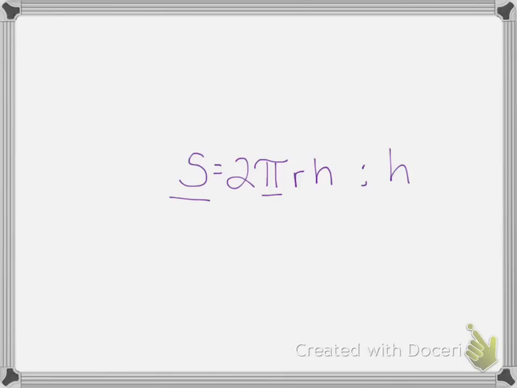So to get H by itself. Now, there's a lot going on. First of all, let's not underline pi or S. Let's underline H, because that's the one we're trying to get by itself. And there's a lot being done to H, but it's all the same thing being done to it. 2 times pi times R is multiplying H. And so in order to undo that, all I have to do is divide by it: the 2, the pi, and the R. That's going to get H by itself.